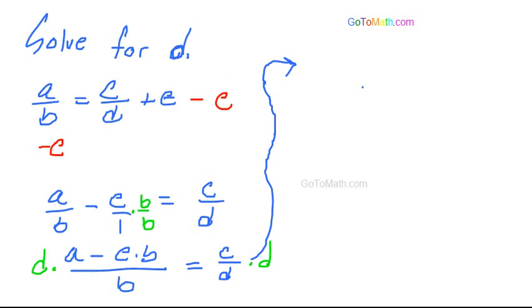And so we end up with D times, in parentheses, A minus E times B over B, and that's going to be equal to, so those D's cancel out, C. Now what I can do is take this B diagonally up.